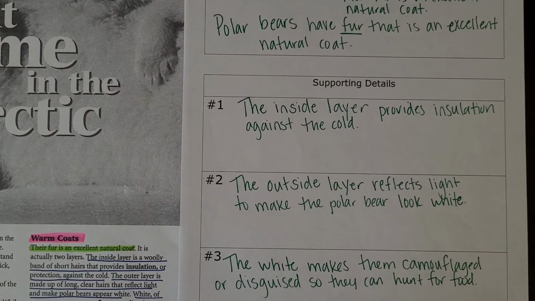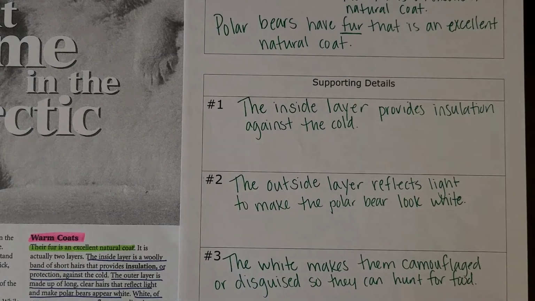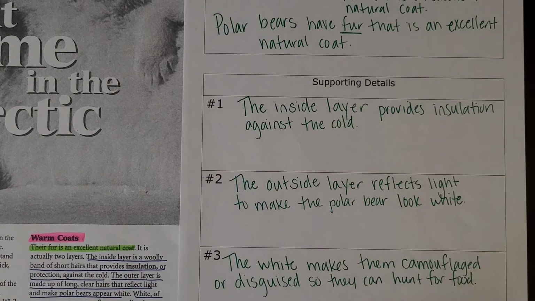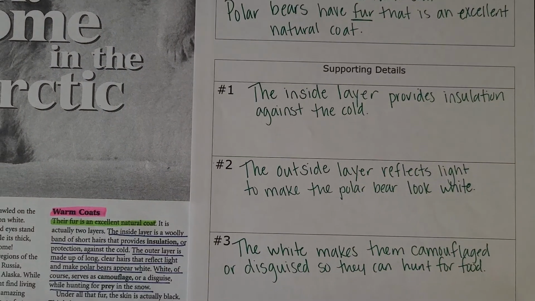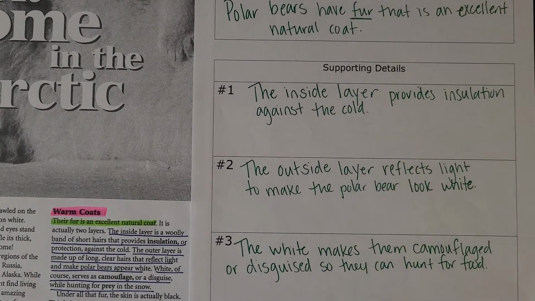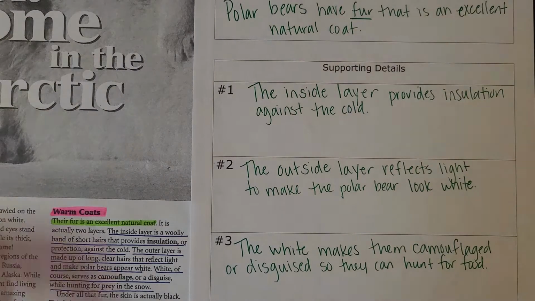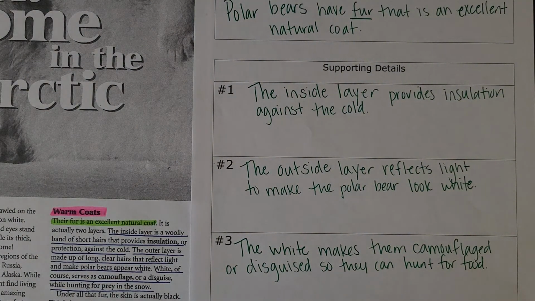Okay, so let's go back and think about what the author's purpose could be. Well, we know it's an informational text, and informational texts are used to inform us about something. So this text is informing us about polar bears. So the author's purpose for this text is to inform the reader about polar bears and give you information about those creatures.